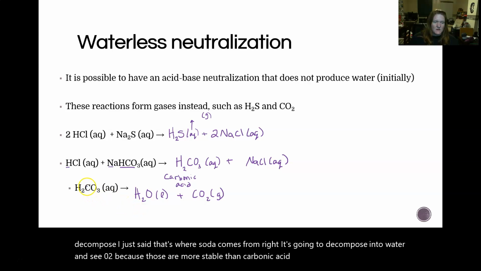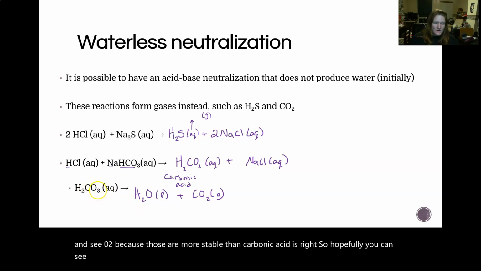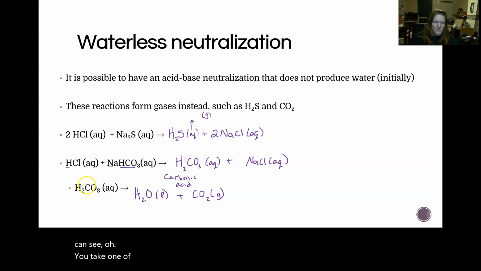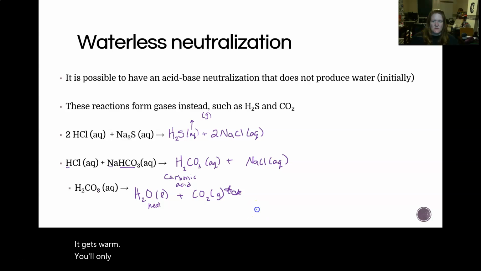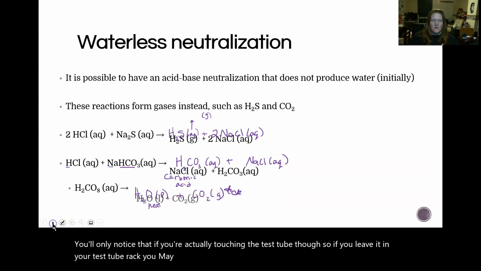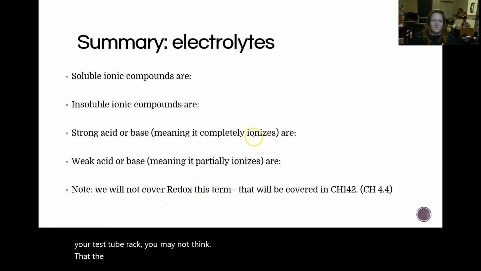So hopefully you can see CO. You take one O out of there, put it with the hydrogens, and you get CO2 and water. So the evidence for this reaction is going to be heat, because when you make water, it gets warm. You'll only notice that if you're actually touching the test tube, though. So if you leave it in your test tube rack, you may not think that the reaction happens.